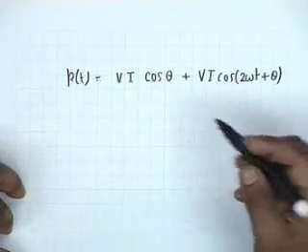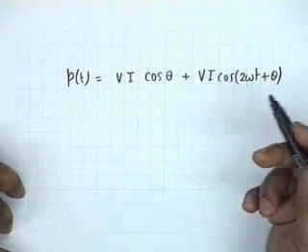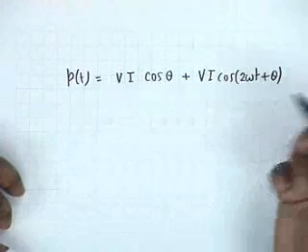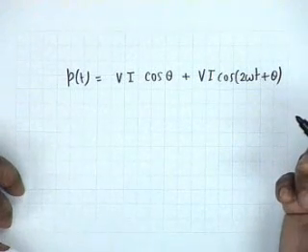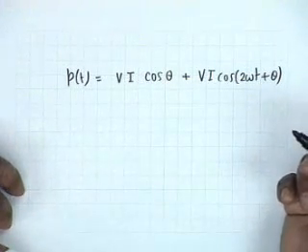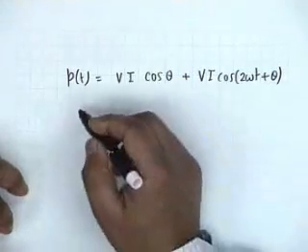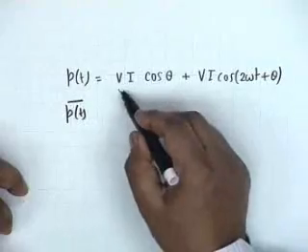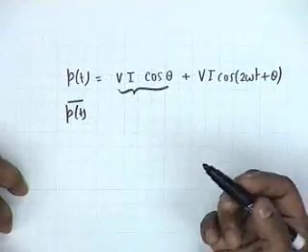Cosine of A minus B, whether you take omega t minus theta or the other way around, does not matter, because cosine of minus theta is equal to cosine of theta. Now, if I take the average value of this over one period, the first term is a constant, so it does not matter.